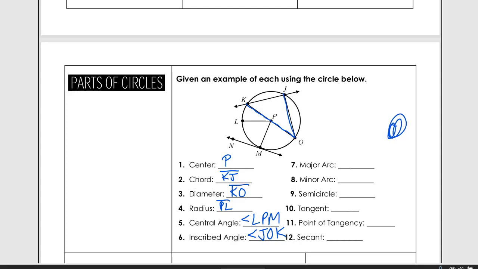Okay. Then we're looking for a major arc. Remember, a major arc is greater than 180 degrees. And we just need 3 letters. So I'm going to do this major arc right here. That is greater than 180 degrees. And I'm going to name it JMK.